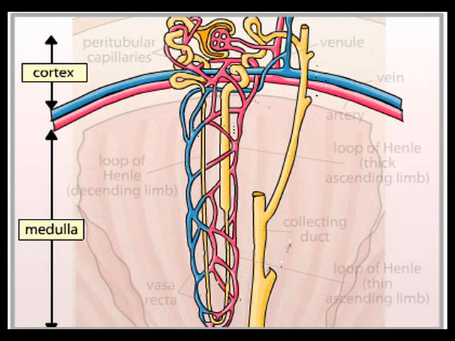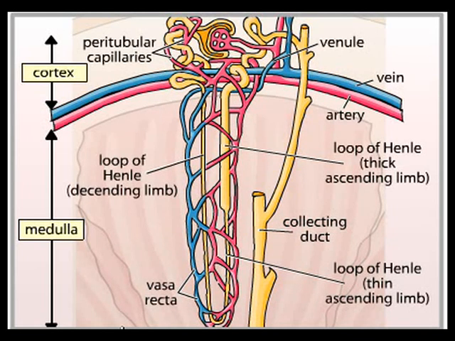A few peritubular capillaries run into the medulla in parallel with the loop of Henle and the collecting ducts and form the vasa recta. You see, these are the vasa recta. So, the loop of Henle is surrounded by a few peritubular capillaries which run down into the medulla, and these capillaries carry away molecules that are reabsorbed from the tubules.